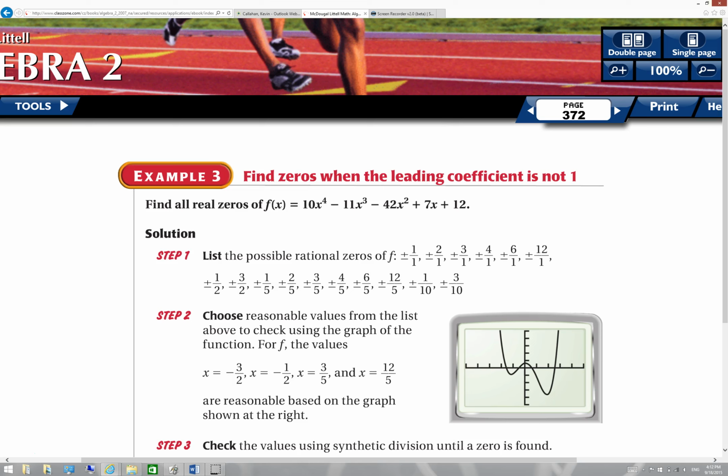And now instead of plugging in 16 of these things, times 2, that's 32 different possible rational zeros, you could look at your calculator and tell. It looks like there's something in between -1 and -2, something in between -1 and 0, and something in between 3 and 4. So if you see something in this list that looks close, you could try it out.